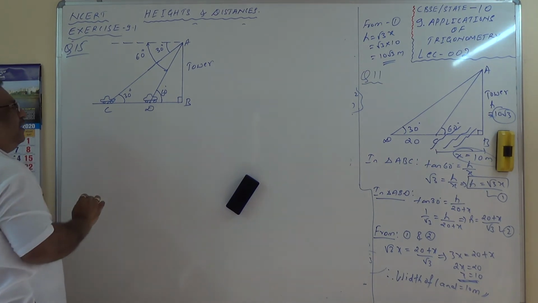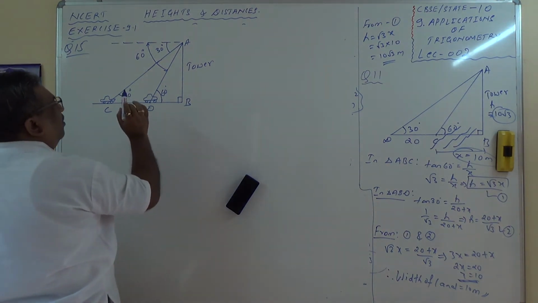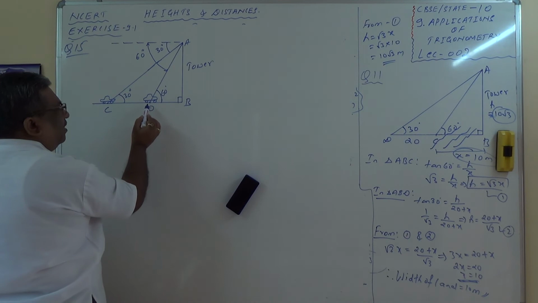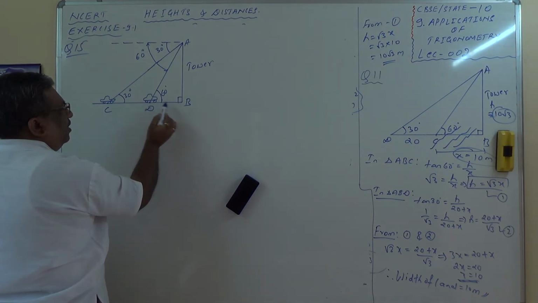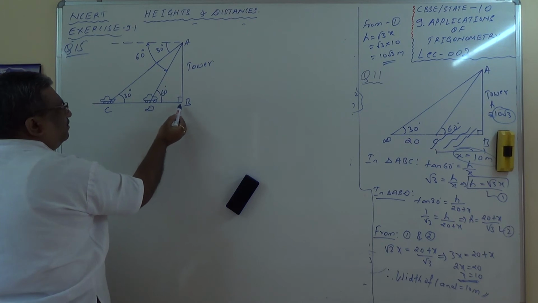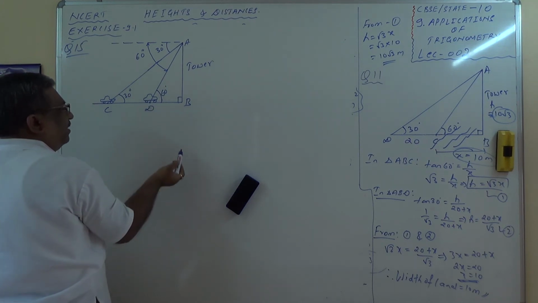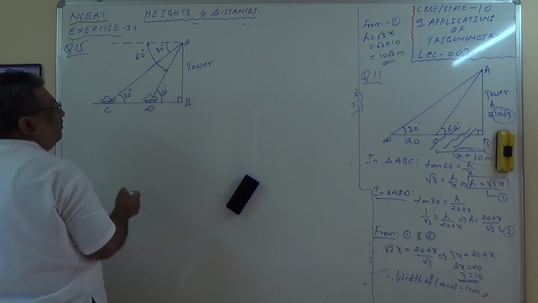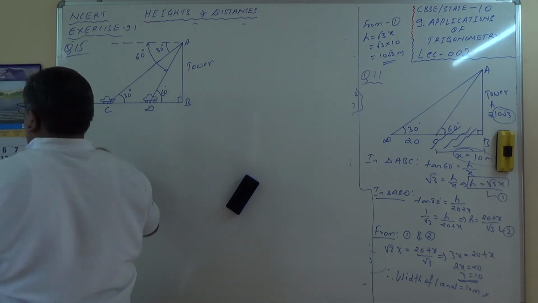Now the question here is, what is the time taken by the car from this position to reach the foot of the tower? From this point to the foot of the tower, what is the time taken? Is that the question asked? What information is given, or else?